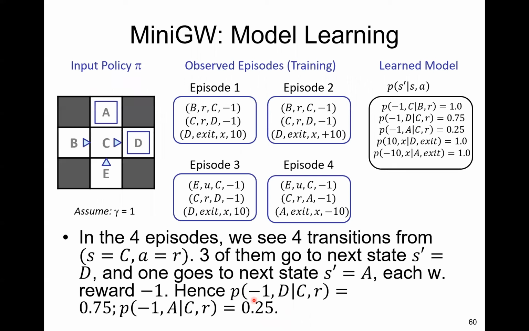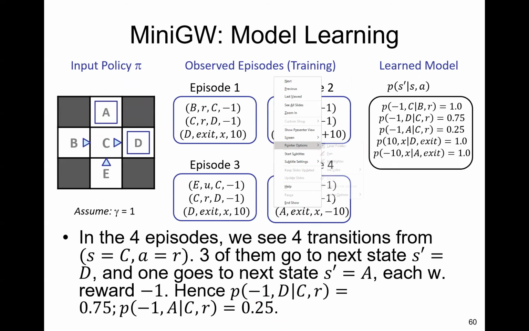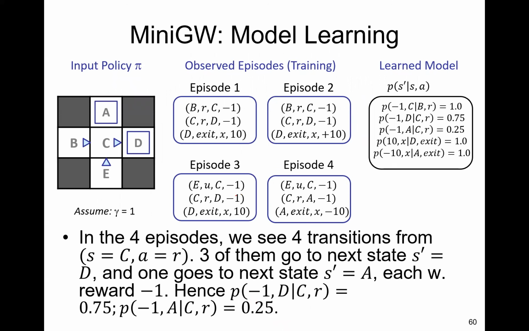So here's an example for our mini grid world. Suppose you run the system with some maybe random policy, and you observe these 4 episodes. Episode 1 is BCD. Episode 2 is BCD again. Episode 3 is ECD. Episode 4 is ECA.